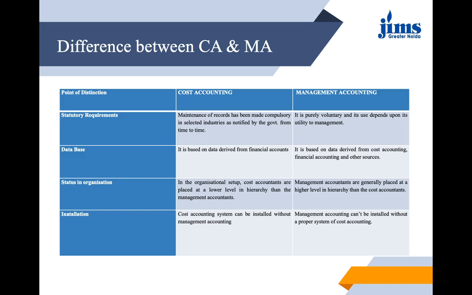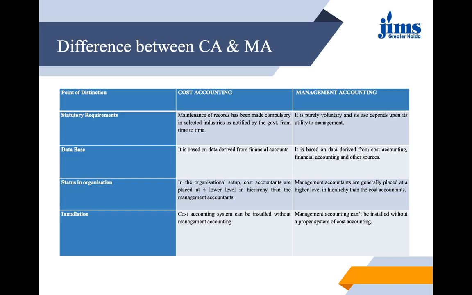Okay, first here we have statutory requirement. Do you know the meaning of this term statutory? Anything that is legal. So what are the legal requirements? In cost accounting, records have been made compulsory only in selected industries, whereas in financial accounting it is mandatory to have the records.